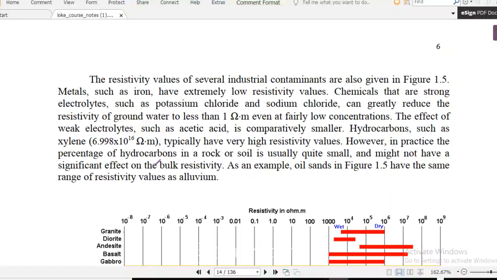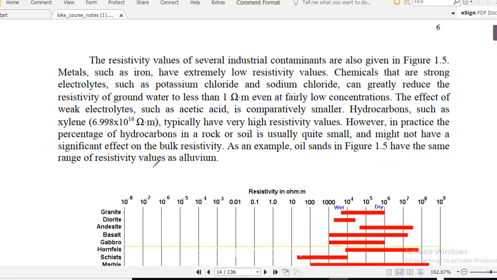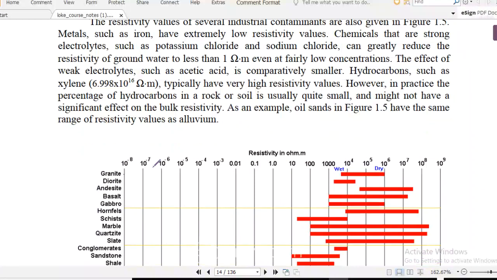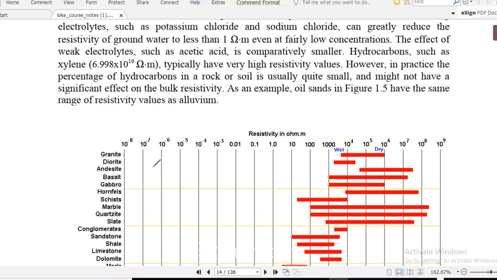The resistivity values of several industrial contaminants are shown in figure 1.5. Metals such as iron have extremely low resistivity values. Chemicals that are strong electrolytes, such as potassium chloride and sodium chloride, can greatly reduce the resistivity of the groundwater to less than 1 ohm meter, even at fairly low concentration.